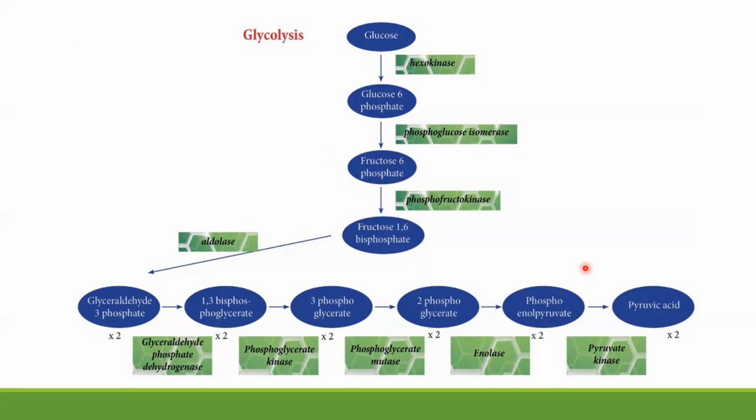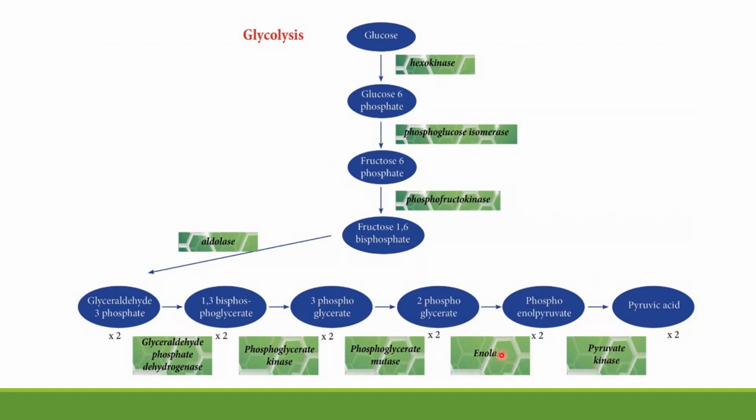How do I know what I should memorize and what I should not? See that this enzyme is important, and this enzyme is important. If I lose that enzyme, the pyruvate kinase, I will have a disease. So I should memorize that.